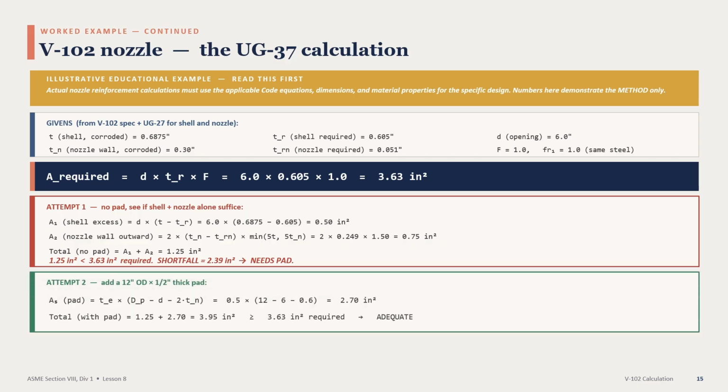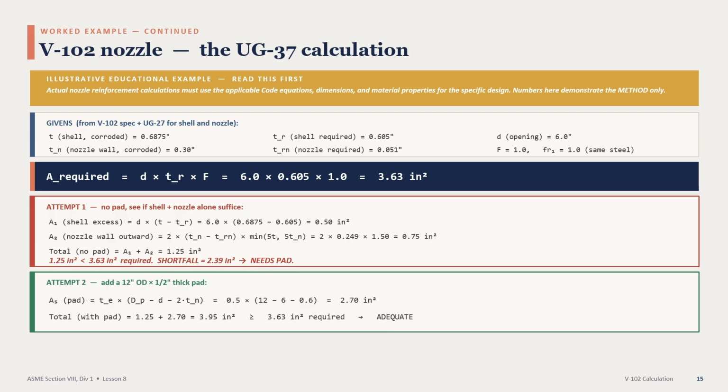Attempt 2. Add a reinforcement pad. Try a 12-inch outside diameter pad, 1/2 inch thick. A5, the pad, equals t sub e times (D sub p minus D minus 2t sub n), 0.5 times (12 minus 6 minus 0.6).